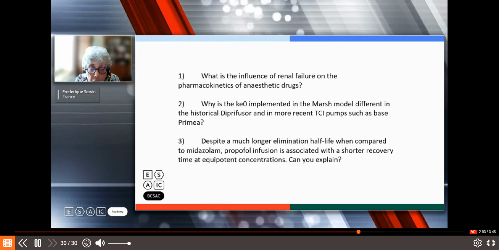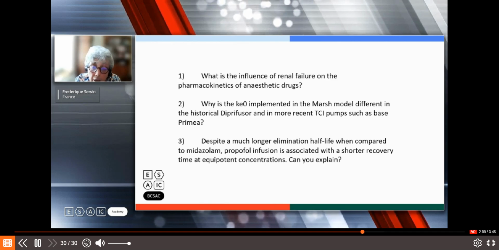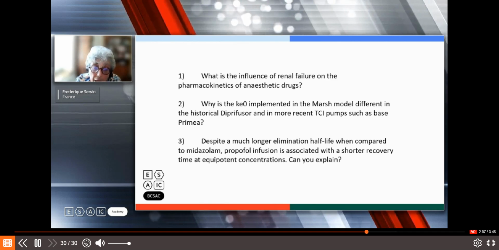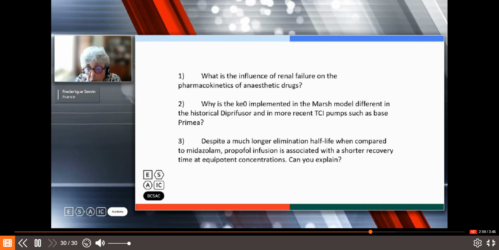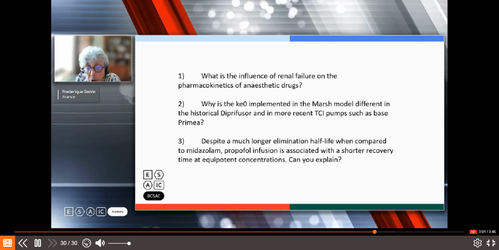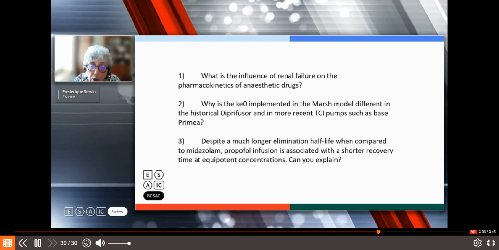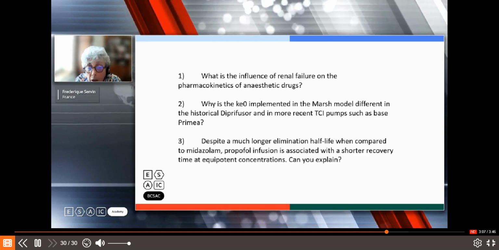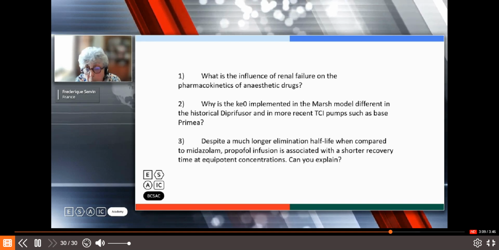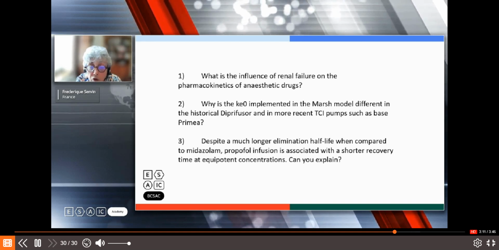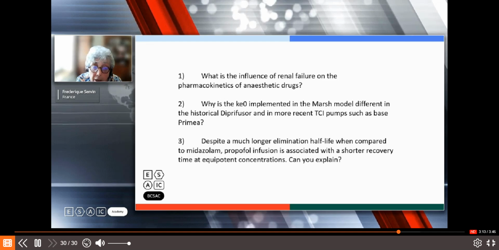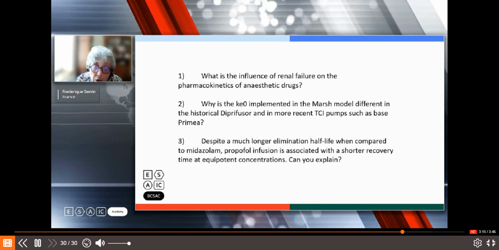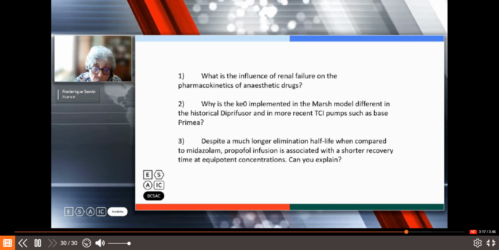And question number 3. Even if the terminal half-life of propofol is longer than that of midazolam, at the end of an infusion the propofol concentration will drop much more quickly than midazolam, yielding a shorter recovery.